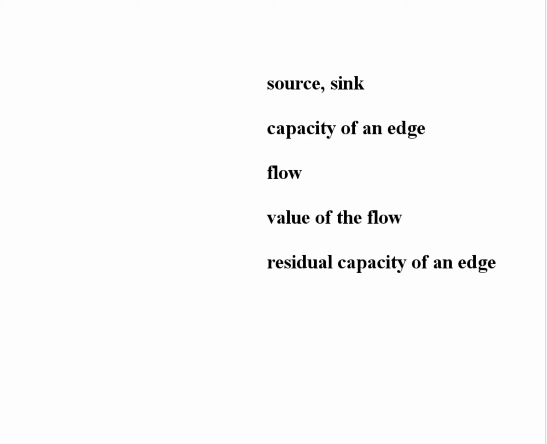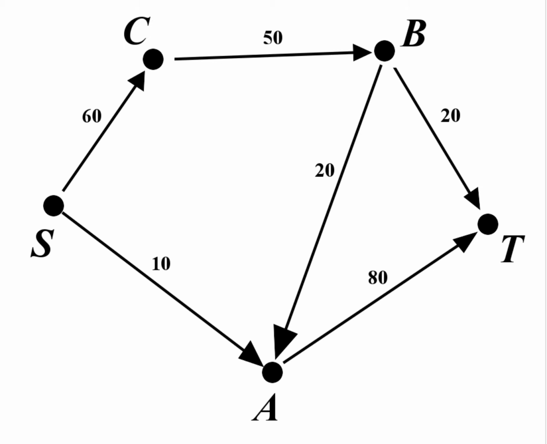So we learned about source and sink, capacity of an edge, flow, value of the flow, residual capacity of an edge, and augmenting path.